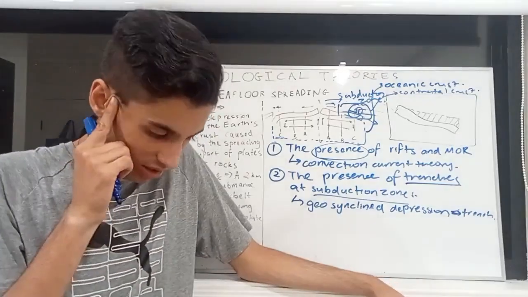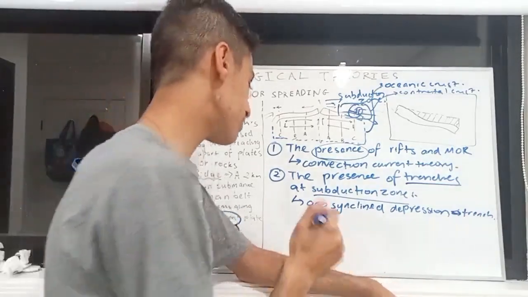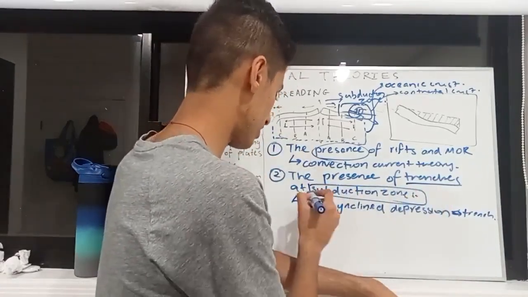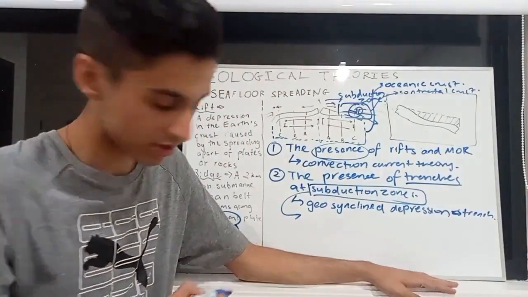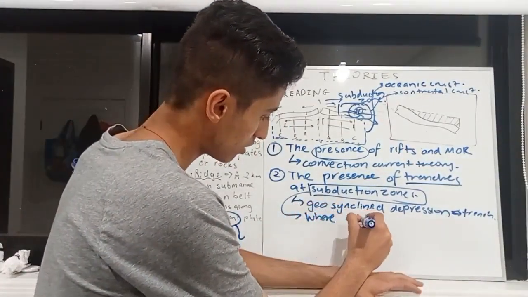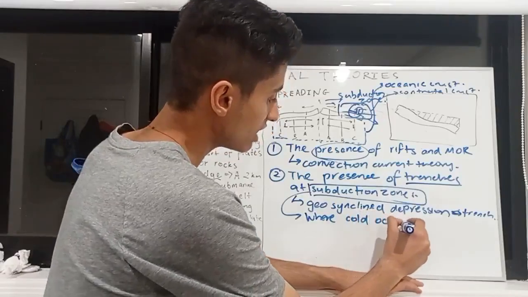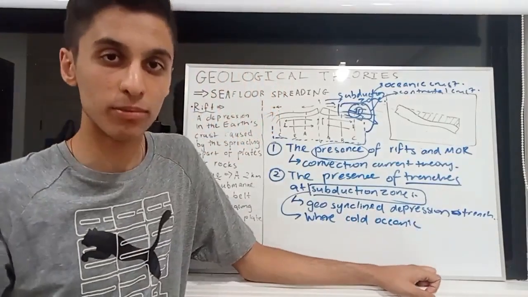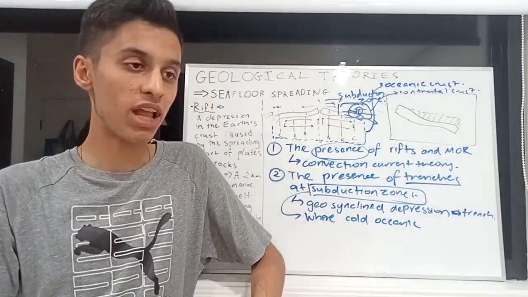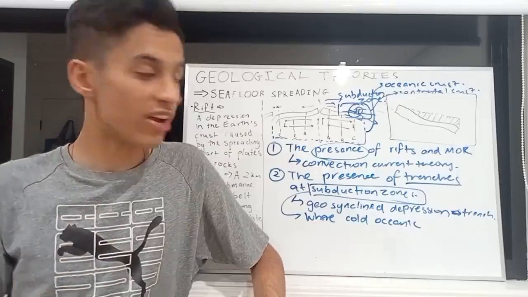Now, a subduction zone, let me also give you a formal definition for this. A subduction zone is where cold oceanic crust sinks into the mantle and is recycled. Subduction zones relate to slab pull in the convection current theory.